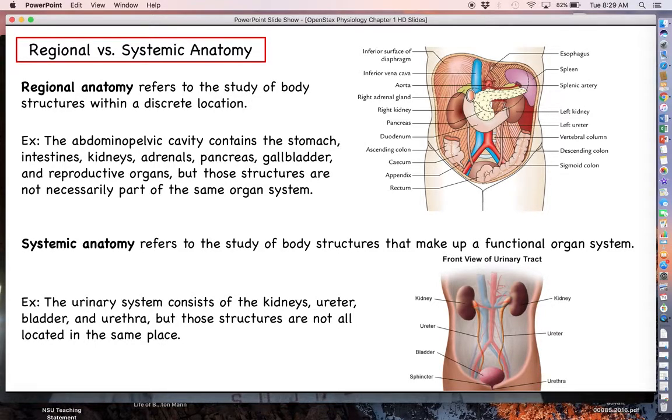But as I said, nothing in the human body exists in a vacuum. As we go along, we are going to build a foundation so that we can stack things on top of each other. Long after we finish the endocrine system, we'll be able to see how different hormones and the glands that secrete those hormones have effects on things like the urinary system.